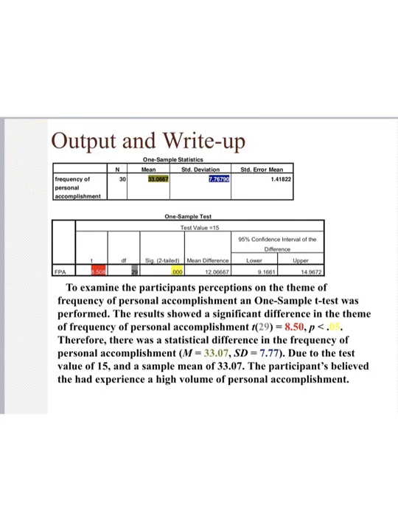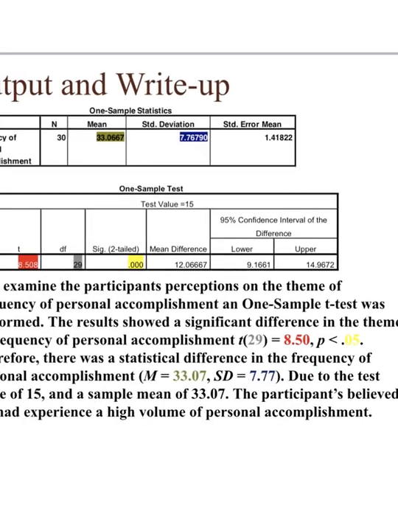It's a test value versus the one sample. So in this case, you can see that the boxes are here. This is the number of participants right here. Right here is our mean number, and I left it in this fashion for a reason.